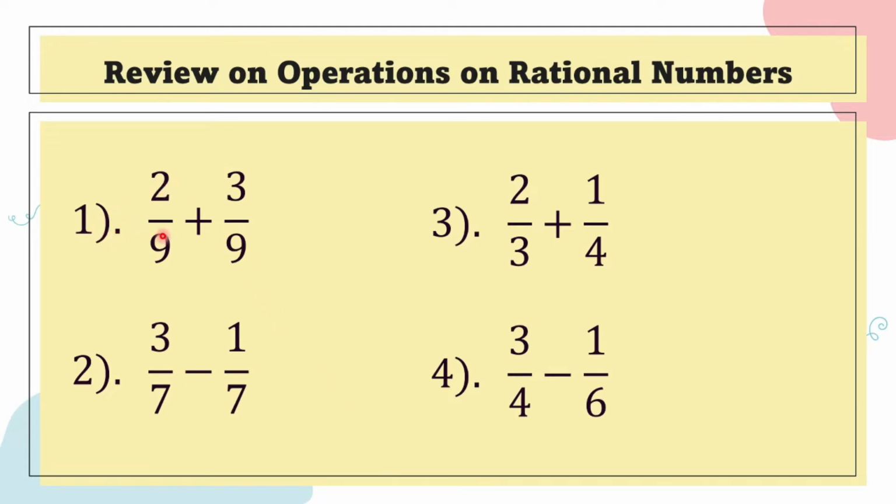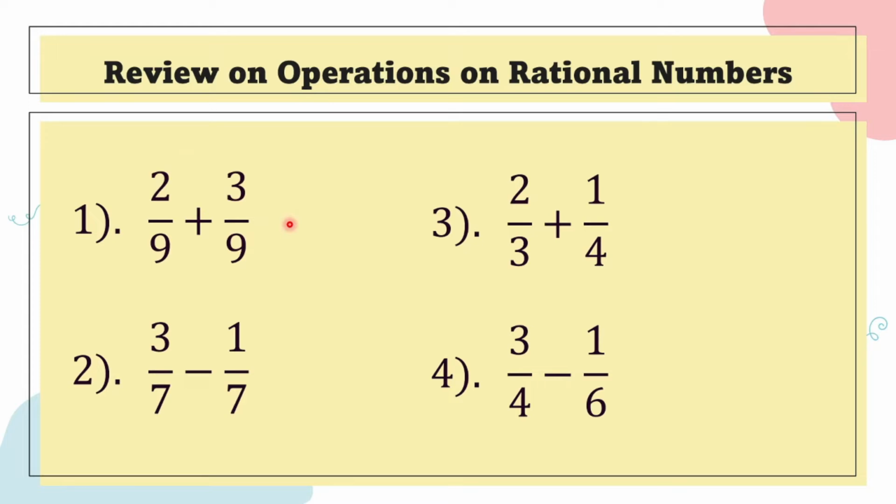Okay. So first, we have number 1 example here. We have 2 over 9 plus 3 over 9. So kung mapapansin ninyo, they have the same denominator, which is the 9. So ang gagawin natin dyan kapag nag-add tayo ng fractions, we're going to copy the denominator, then add the numerator. So let's solve.